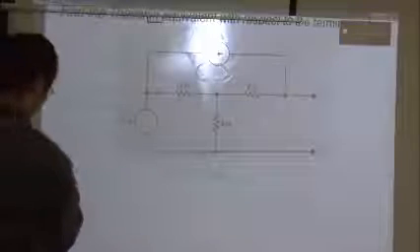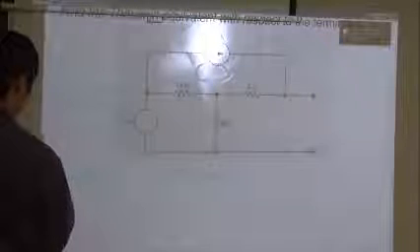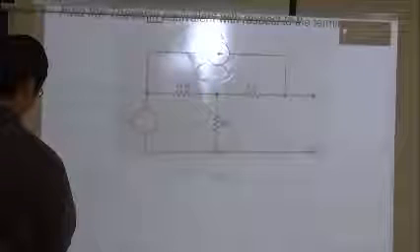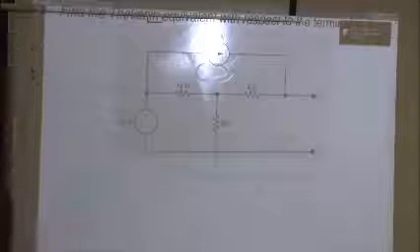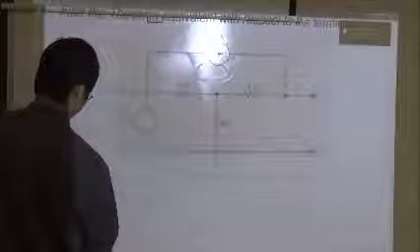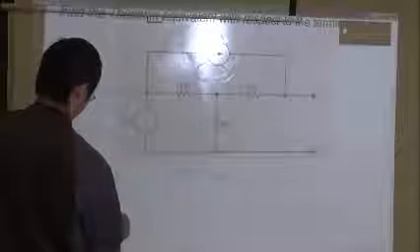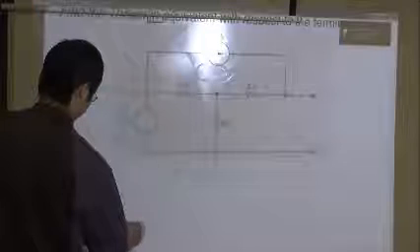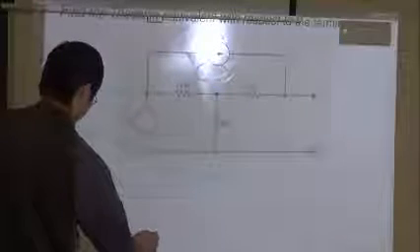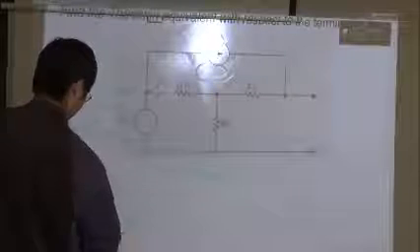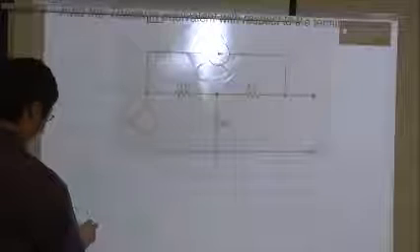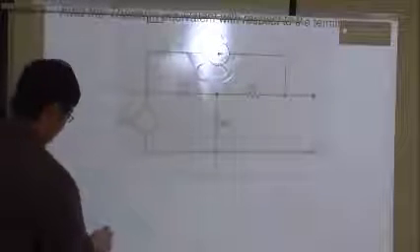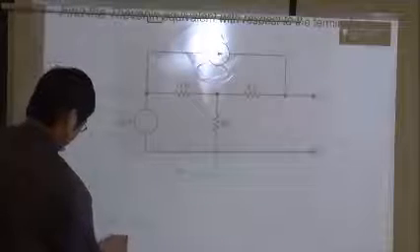So this guy multiplied by 3, so 108 plus 16 times 3 will equal to minus 8 times 3 I2 minus 6 I2. So 108 plus 48 will be equal to 24 minus 6 I2.